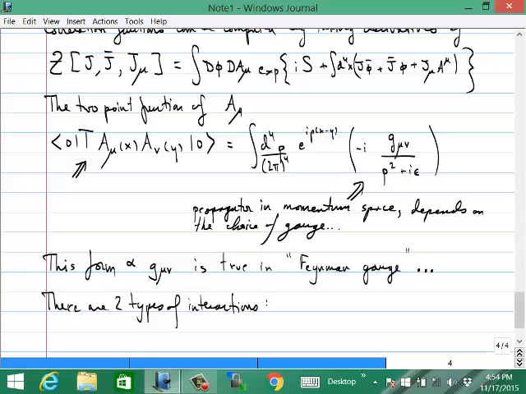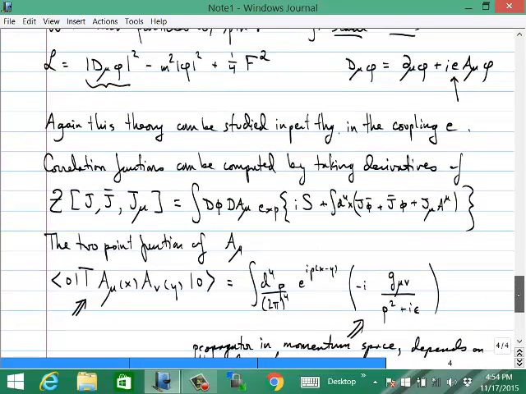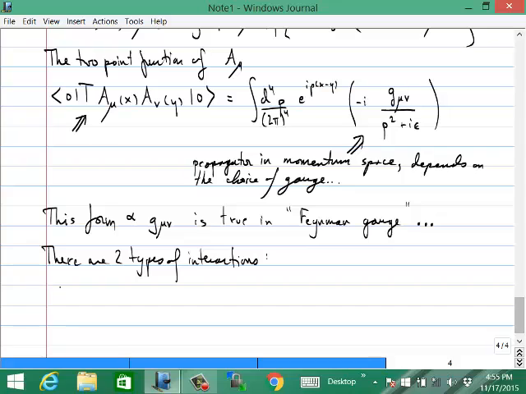Well, what are the interactions? The interactions come from expanding out this term in the Lagrangian, including this coupling between the scalar field phi and A mu. Okay. So in particular, if we just expanded this guy out, what would you get? Well, you would get the usual kinetic term for phi. Then you get something linear in the electric charge.